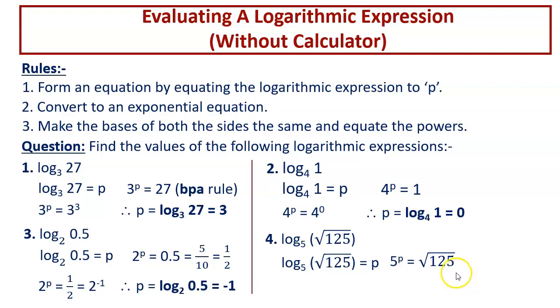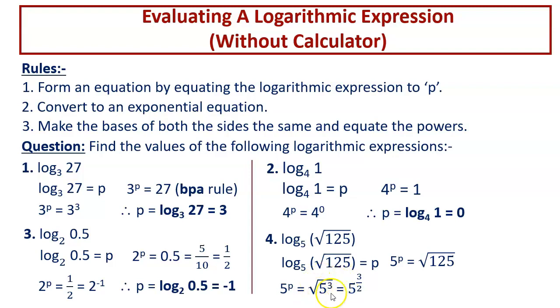And we have to express this right hand side as some power of 5. We know 125 is 5 to the power of 3. And there is the square root. So 5 to the power of p is equal to square root of 5 to the power of 3.